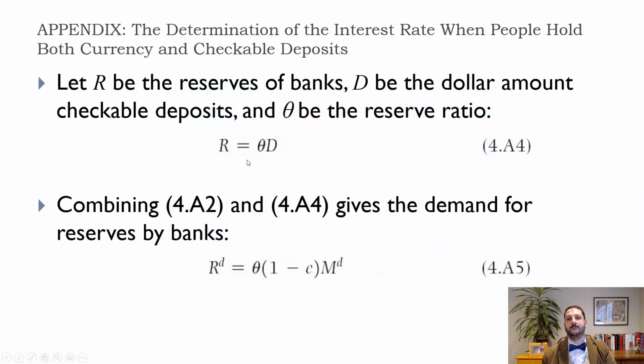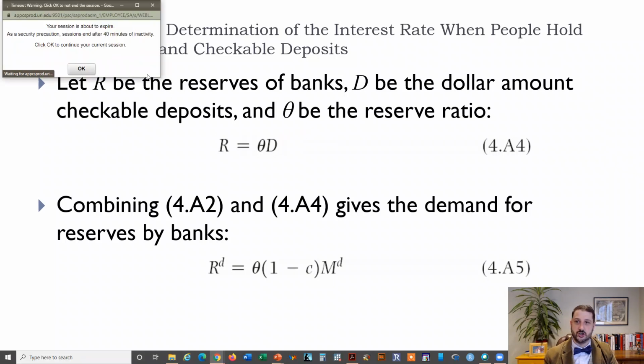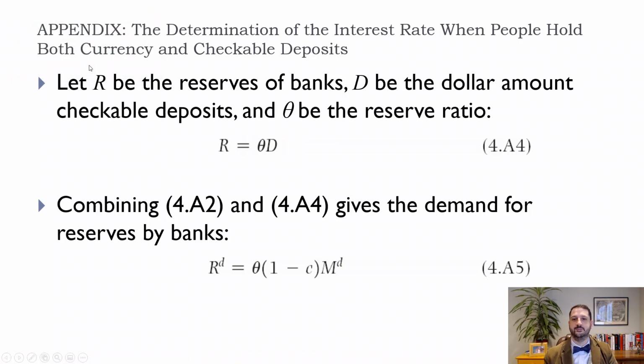So if we let R be our reserves for banks, D is the dollar amount of checkable deposits, and theta is the reserve ratio, then our reserves are equal to theta times D, and if we combine those two equations that we had before, our demand for reserves is theta times 1 minus C times MD, which is what we had in that chart.